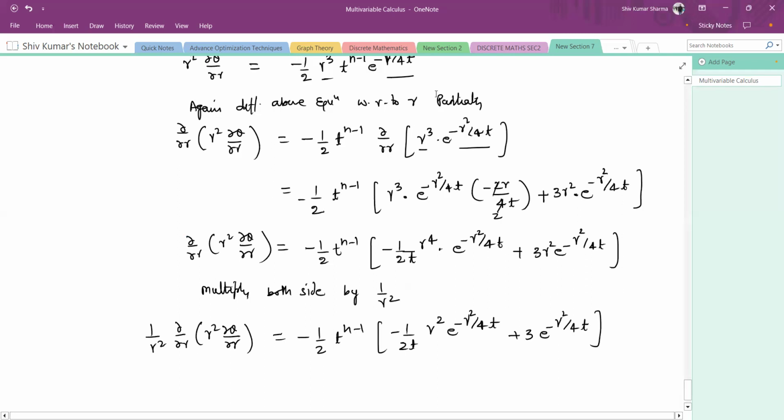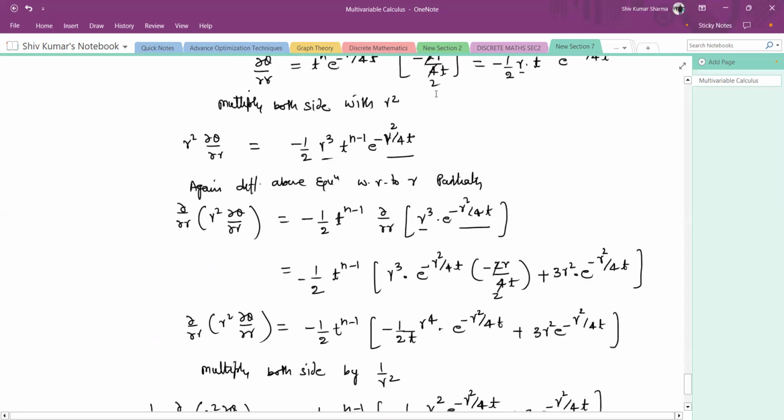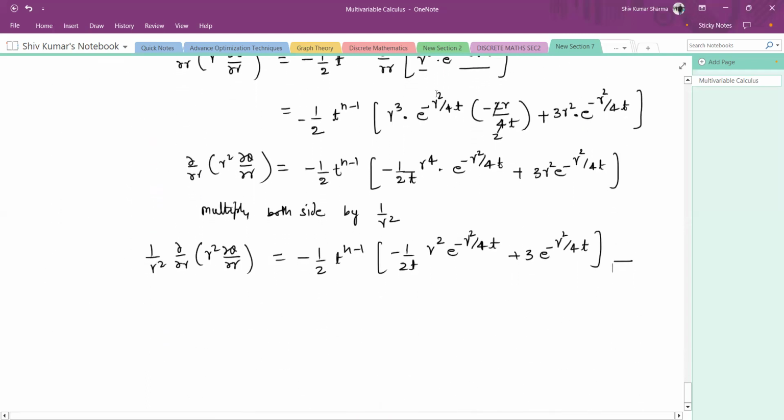So this is our LHS part. We give this as equation number 2.